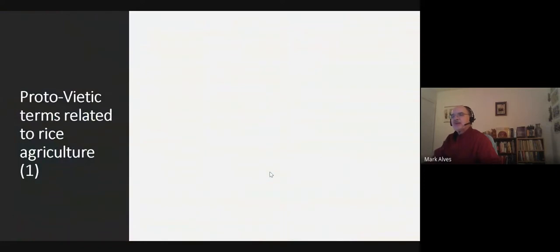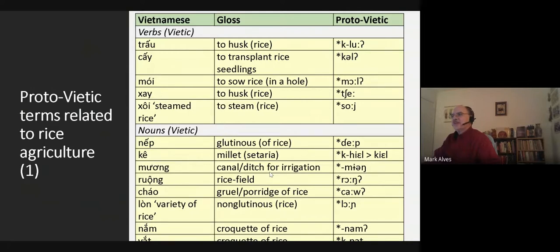Proto-Vietic terms related to rice agriculture. This is very important because this shows these reconstructions of words that are for rice production or types of rice or products with rice. This is pretty strong evidence that when the Chinese arrived in the Han Dynasty, the Vietic people were already growing and processing rice.